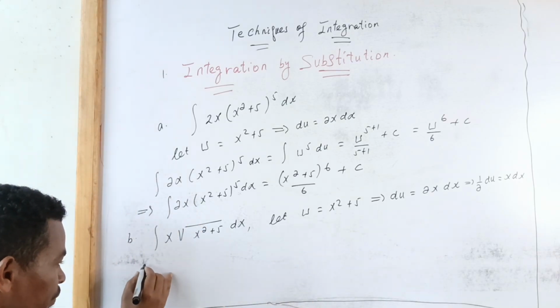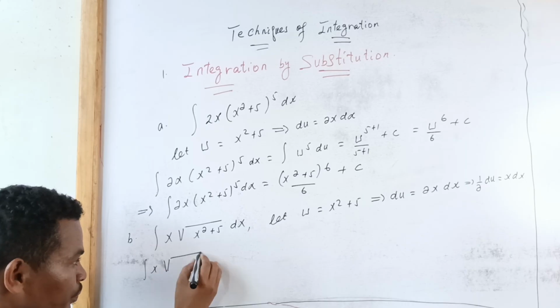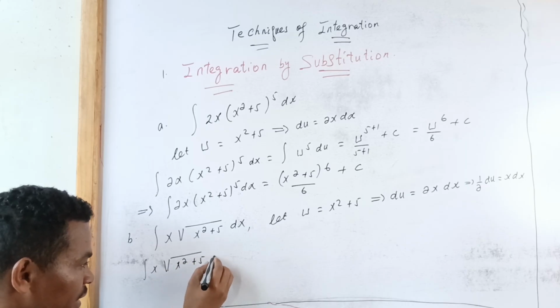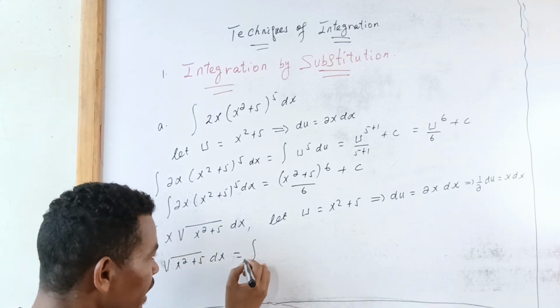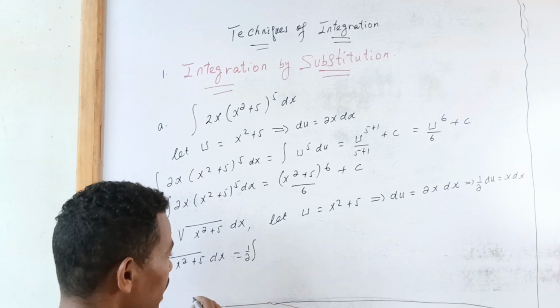That is, the integration of x radical x squared plus 5 dx equals the integration of 1 over 2 du, and the 1 over 2 can come out.